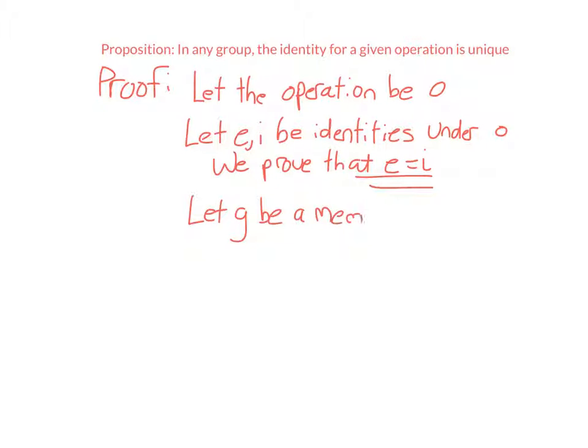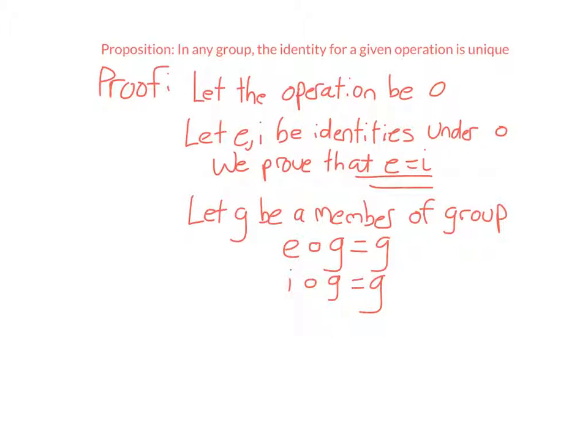I told you at the start it is a group. So I need to formally write what it means if E and I are identities. Well, if E is an identity, it means that if I operate E on G, it just gives me G. And similarly, I, if operated on G, gives me G because I is an identity.